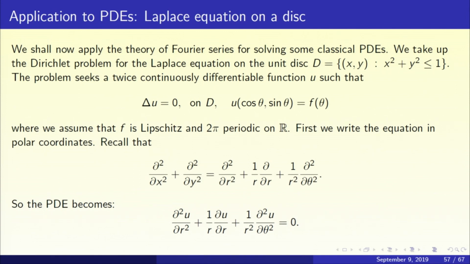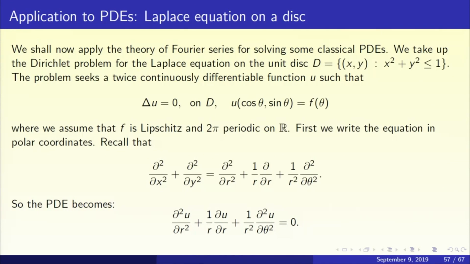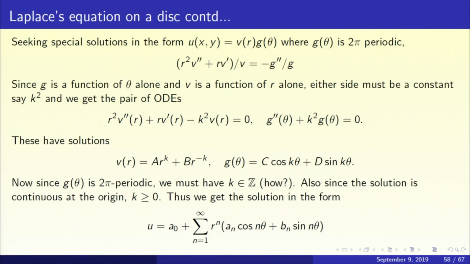Del 2u by del r squared will be v double prime of r times g of theta. Del 2u by del theta squared will be v times g double prime of theta. And then there is a del u by del r term, and that will simply be v prime of r times g of theta.